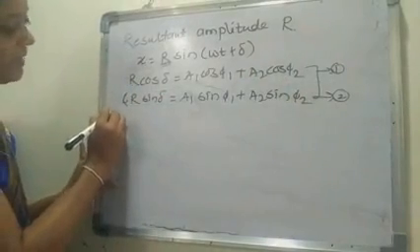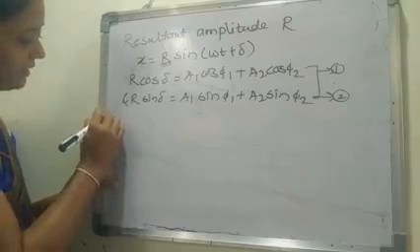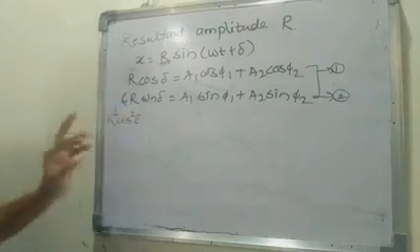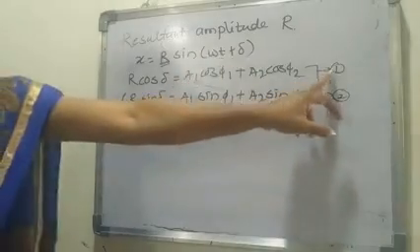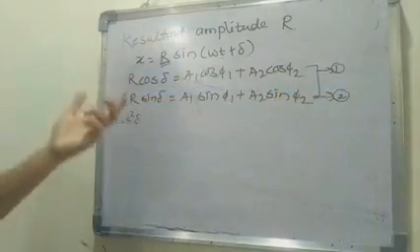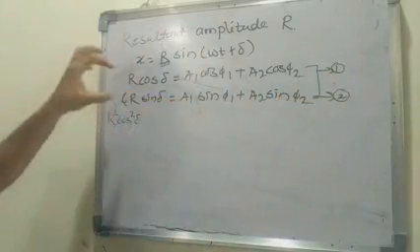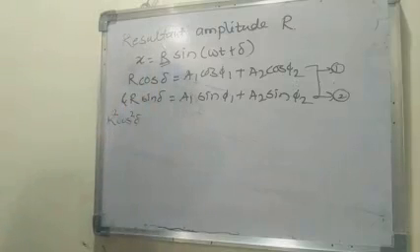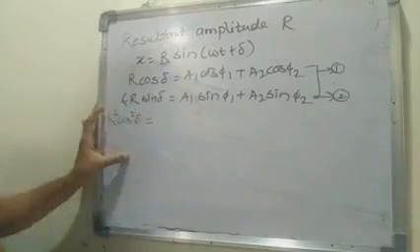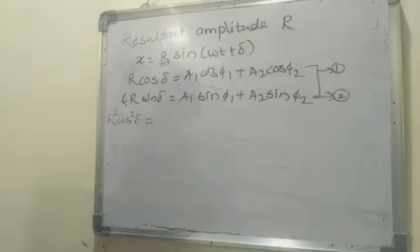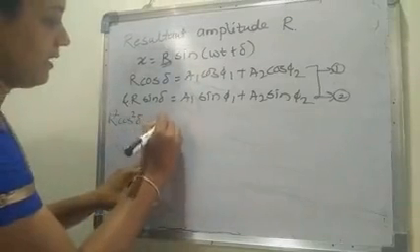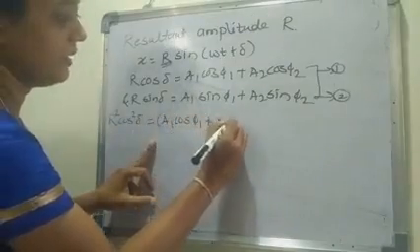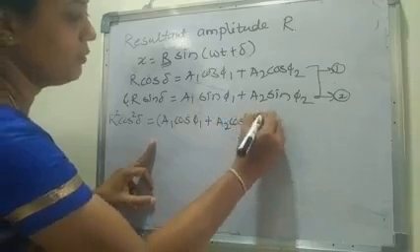As we are squaring and adding these equations, what will we get? R square cos square delta equals A1 cos phi 1 plus A2 cos phi 2 whole square.